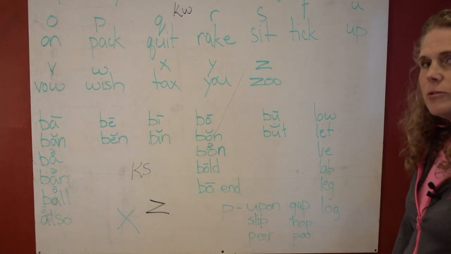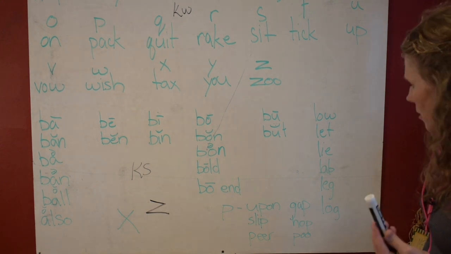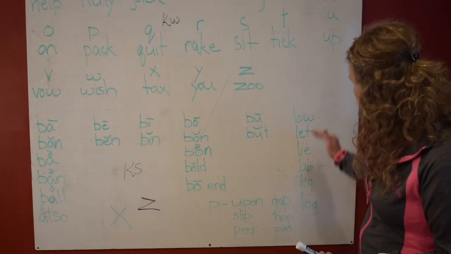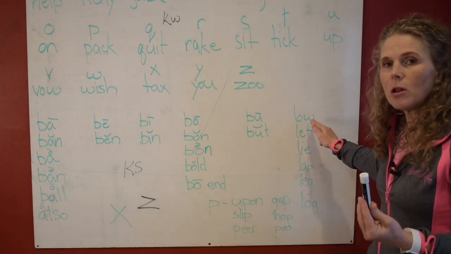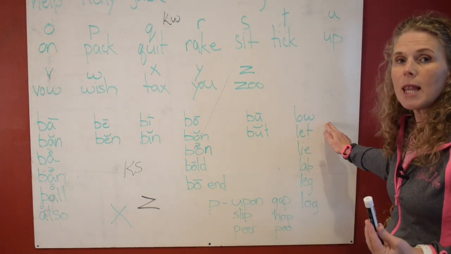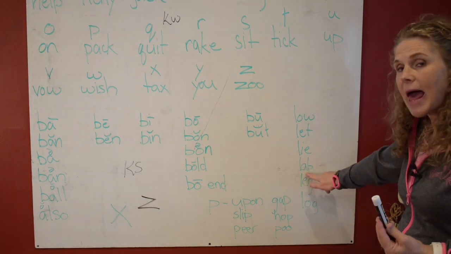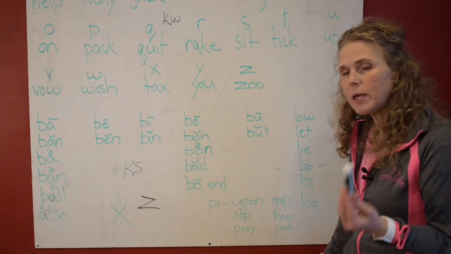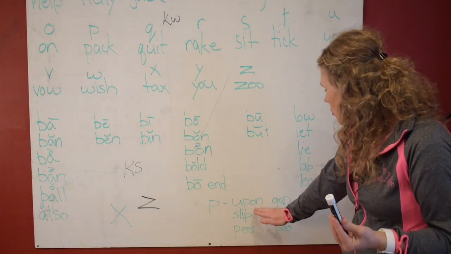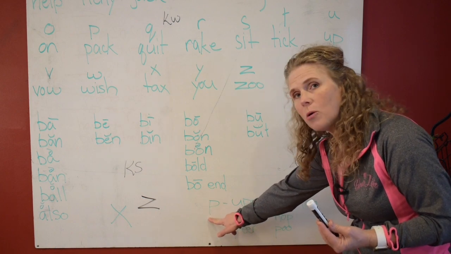Now, what's confusing for children or people learning is the L's. You need to get the ul sound like low, let, lie, lab, leg, log. And also P's are tricky. You need to remember it's the lower letter. See how the stem comes down low?